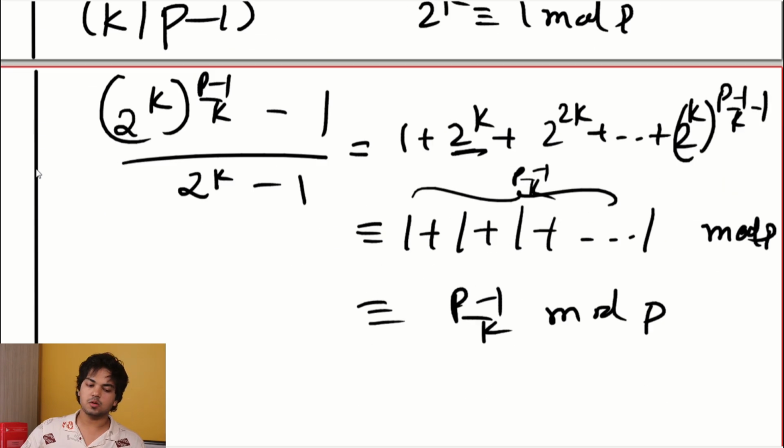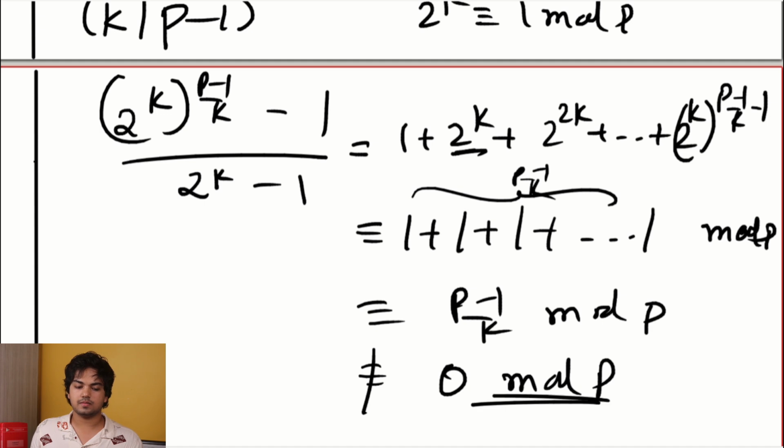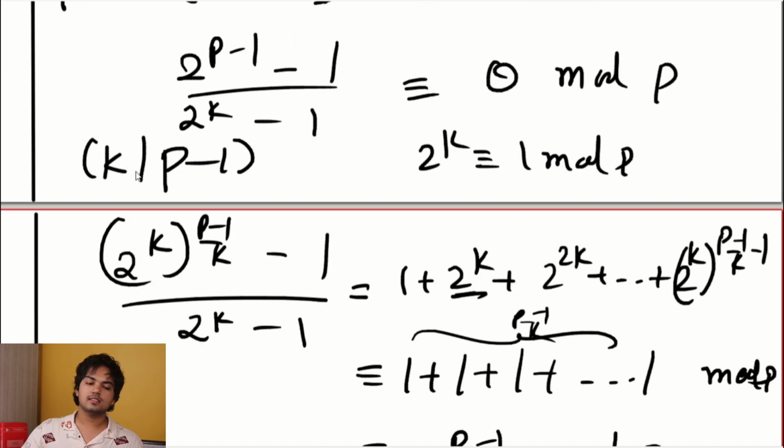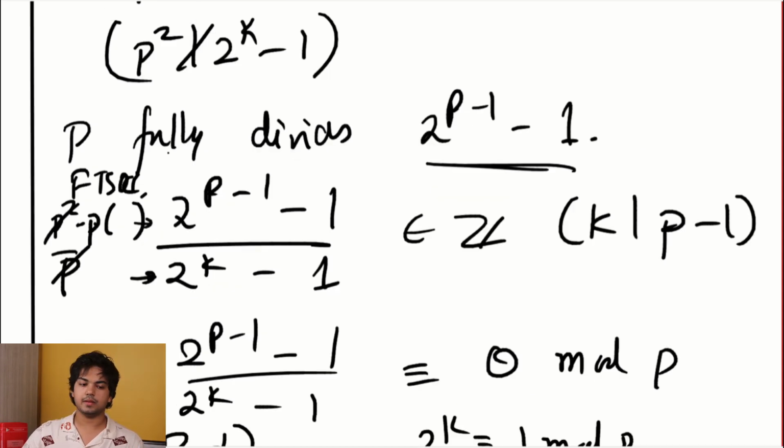And since p minus 1 by k is less than p, this is not congruent to 0 mod p, a contradiction. Hence, p must fully divide 2 to the p minus 1 minus 1, in that there is no higher power of p than 1 sitting inside it.